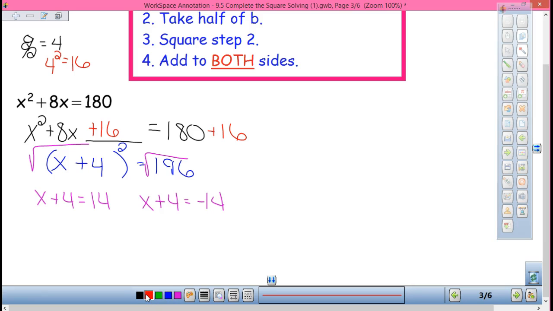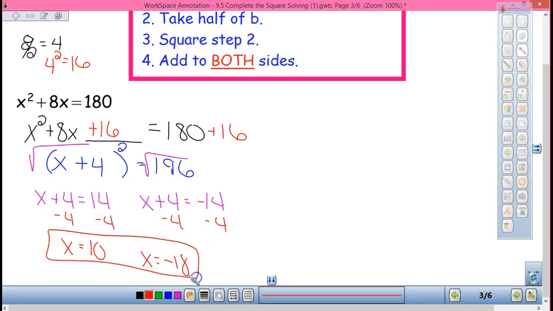And then all I have left is to solve it. X equals 10. X equals -18. Good stuff so far, right?